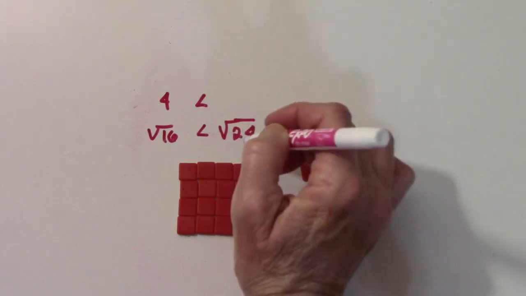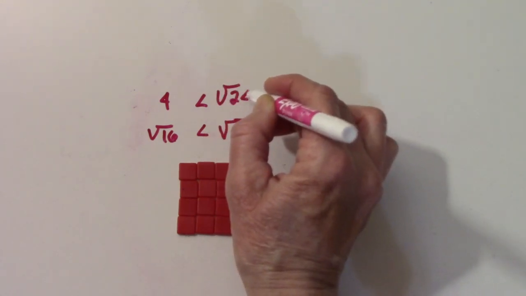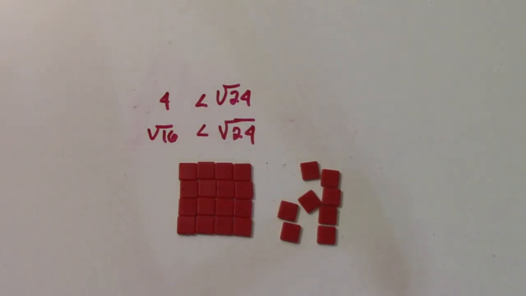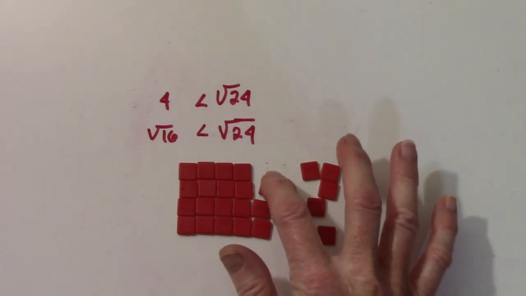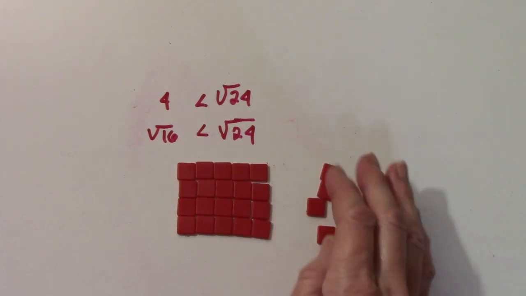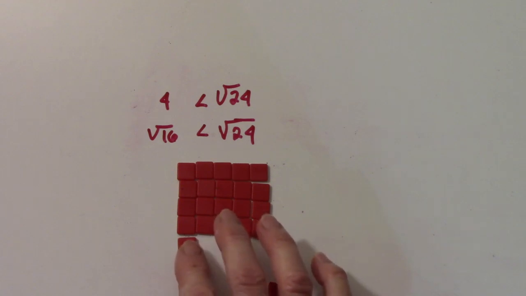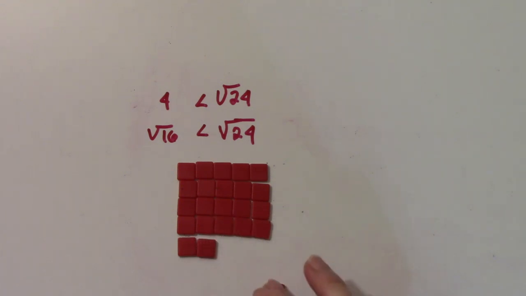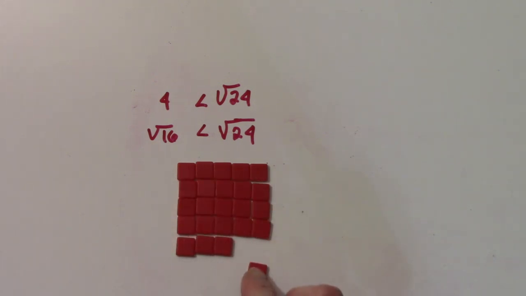Since 16 is smaller than the total of 24, I know that the square root of 24 is greater than 4. And now I'm going to put these tiles back on and see how many more I need to add to make a square. I have 5 across the side, and I have 5 going up and down, and I'm just missing 1.